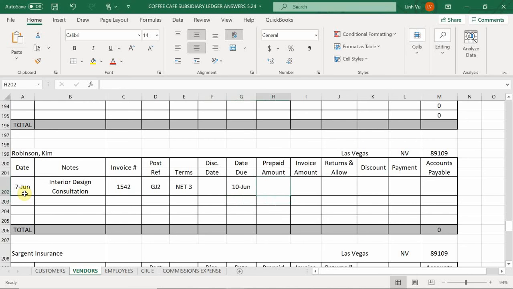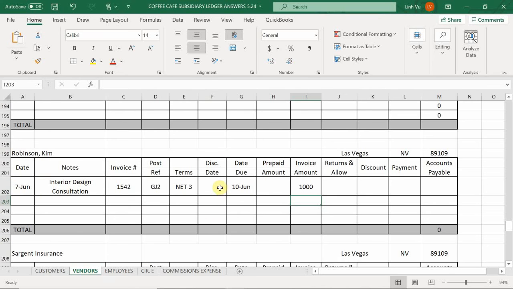No prepaid amounts. However, we did get the bill information to be $1,000. There's no returns and allowances, no discounts, and we definitely did not pay for it today. We're going to pay for it later.